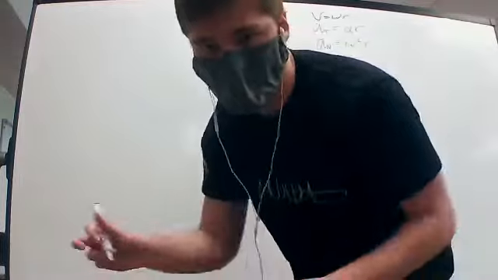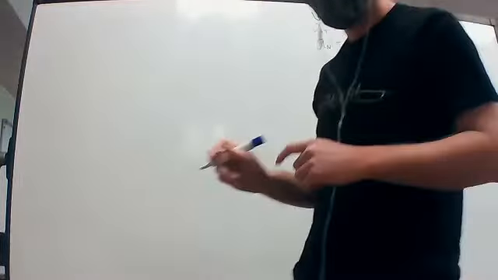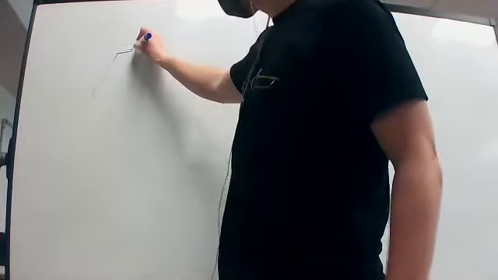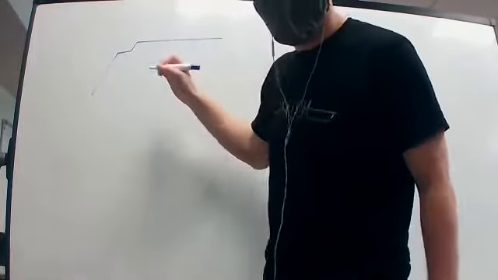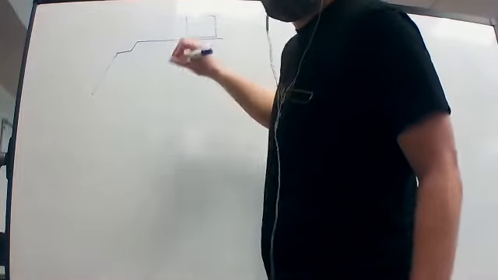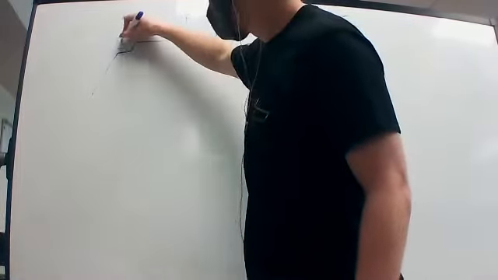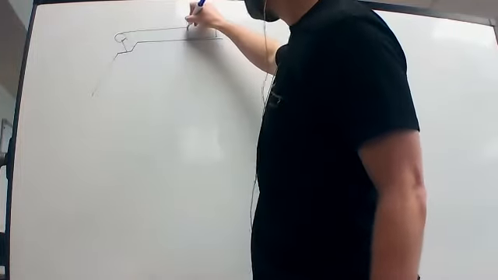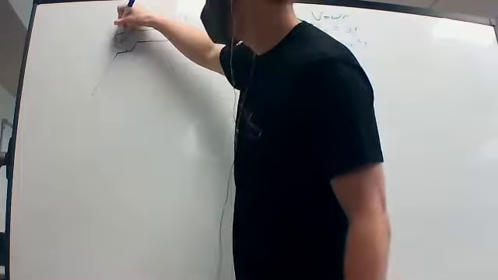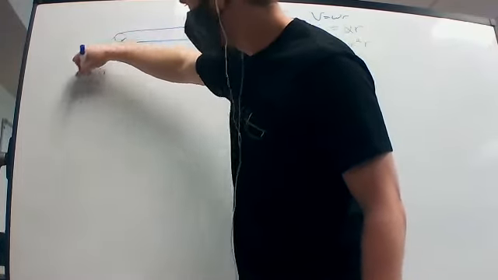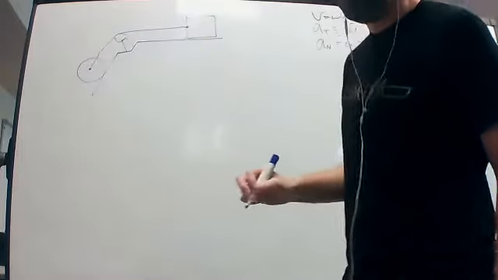So problem 16 shows us a slant with a block on the horizontal, a pulley here with a cable connecting to the block, and a cable connecting to the center of a wheel.